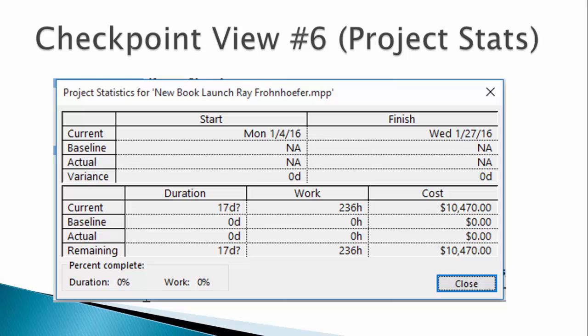And finally, your project duration, work, and costs should reflect this statistics view. Note that the work didn't change. However, since we assigned 2 resources to complete some of the tasks, the costs increased slightly.